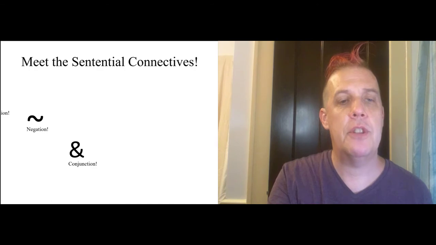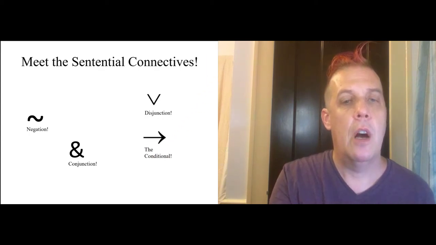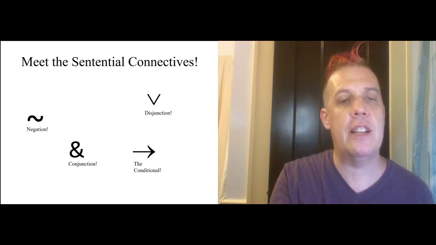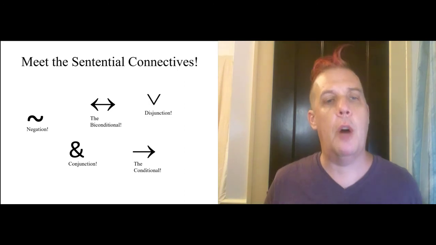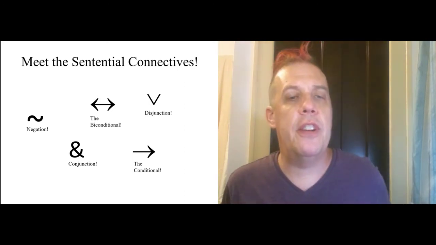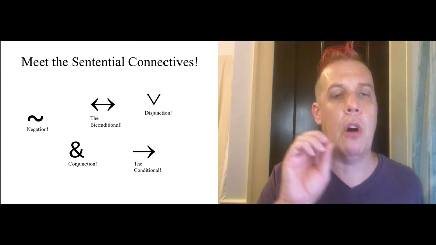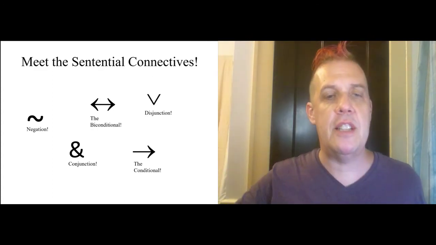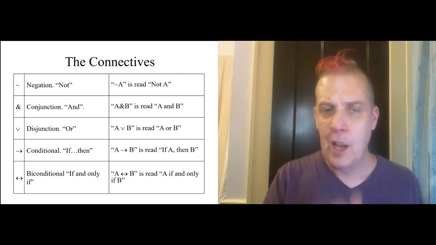The "and," which is the ampersand. The disjunction you already saw is a V, that's an "or." "If then" is called the conditional, that's represented by an arrow. And then we have a double-headed arrow called the biconditional. And so this is the glue that we use in our language. We have our individual letters, A, B, C, D, and then we clump them together using these connectives.